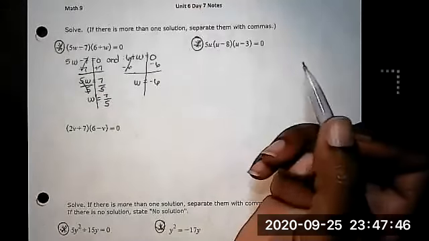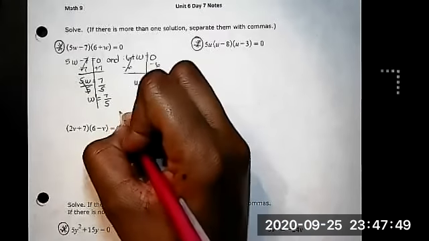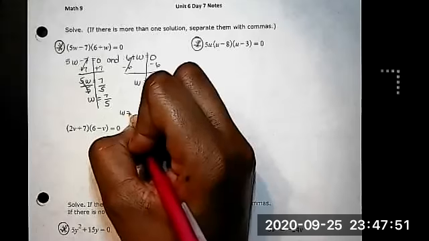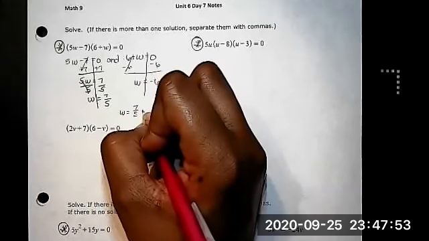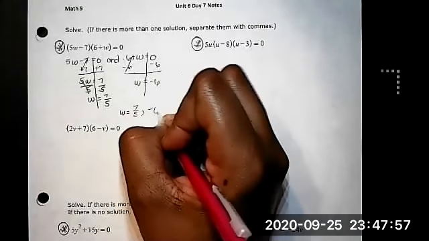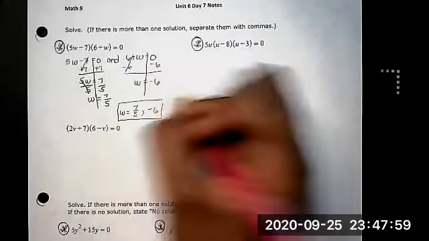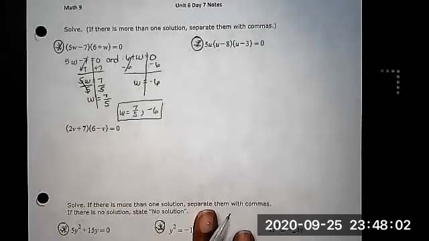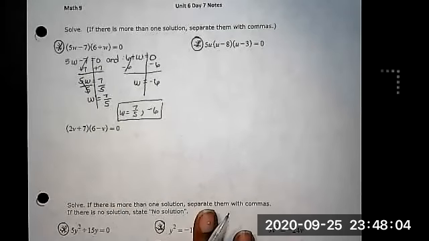So your basic answers or solutions to the problem are w equals 7 over 5, comma, -6. So these are your answers, okay? So w equals 7 over 5 and -6.